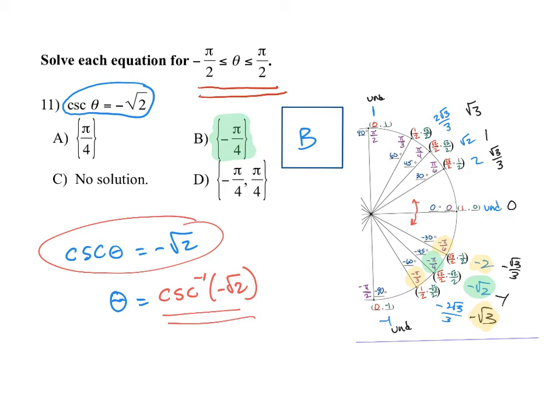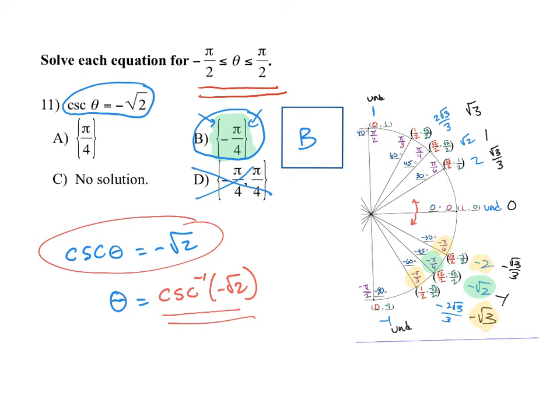Because we're finding solutions for theta, sometimes answers will be written in set notation, and we would call this the solution set. So don't be freaked out by these curly braces. They just mean that all of the answers that are possible are included inside those. In this case, the only answer we have is negative pi over 4. That is the only answer. Don't be tricked by this one. Our functions only return one value, so any multiple choice that has two answers there is not even valid.